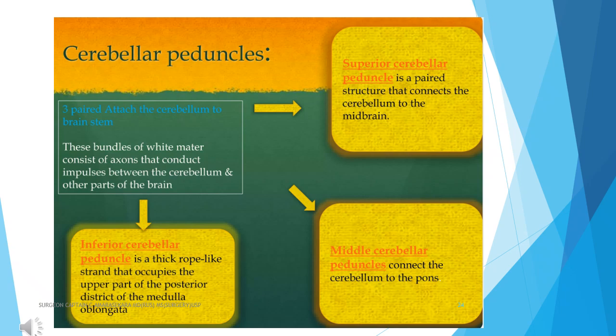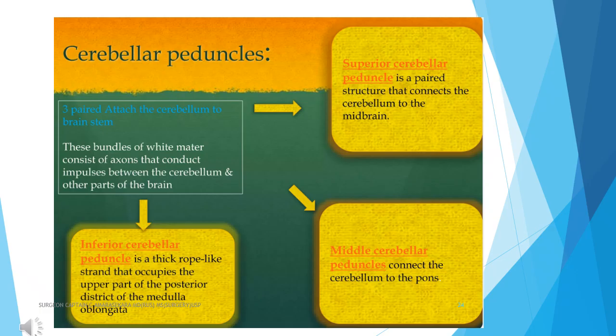Inferior cerebellar peduncle connects to the medulla. Here, fibers are mixed but predominantly afferent, carrying proprioceptive input from the spinal cord and vestibular signals from the brainstem. Lesions in this area can cause imbalance, vertigo, sensory ataxia, especially in posterior circulation strokes.